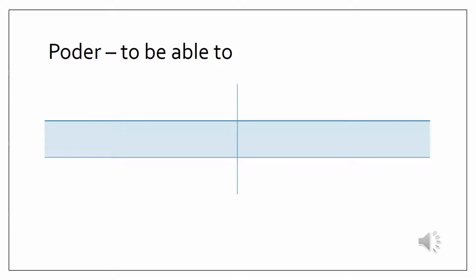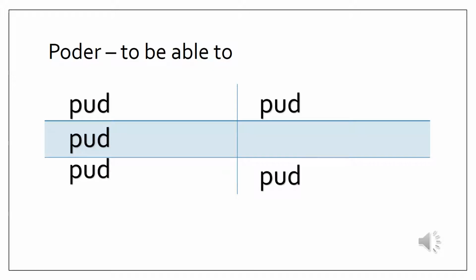All right, let's take a look at the verb poder. First, we want to write our root in. So in each section of our verb chart, let's write the root of poder, which is pud, P-U-D. So that's the first step. The second step is going to be to add your endings.